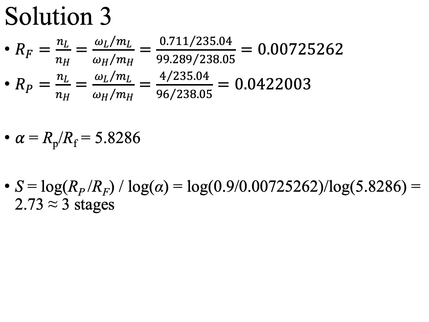So the number of stages is calculated using this formula, and RP at this moment will be 0.9, over RF, which is the same value as problem 3a, over the log alpha. You'll get 2.7 or roughly 3 stages.